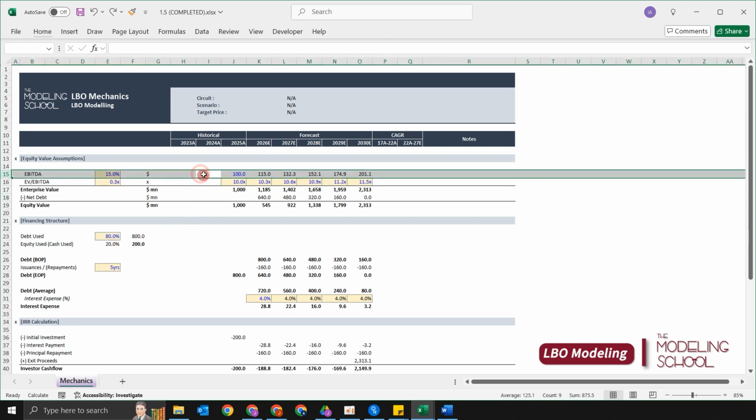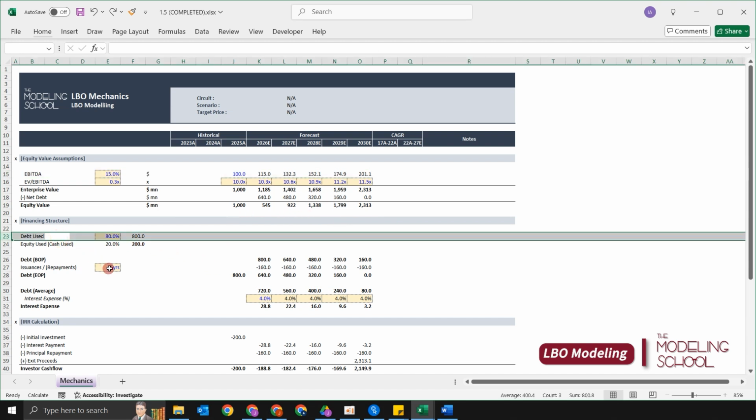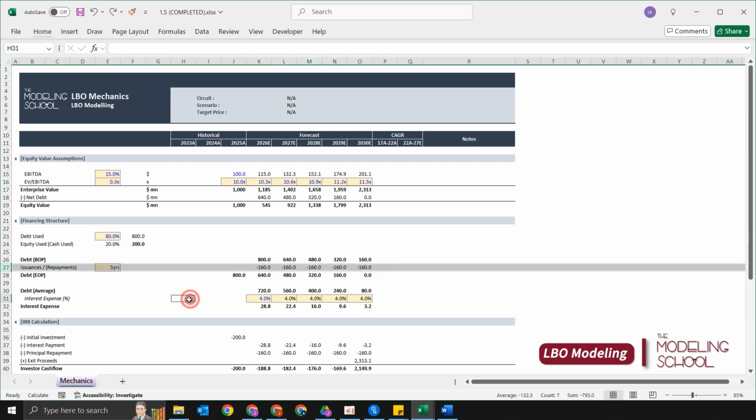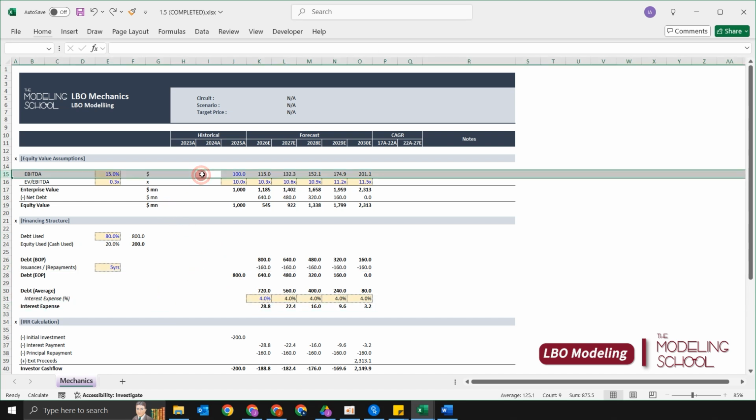Especially EBITDA expansion is critical for the company to grow equity value. This financial engineering could be done by the private equity firms themselves, so this is chosen somewhat by the private equity. However, repayment of the debt and the ability to pay interest expenses highly depend on how much EBITDA the company can generate.